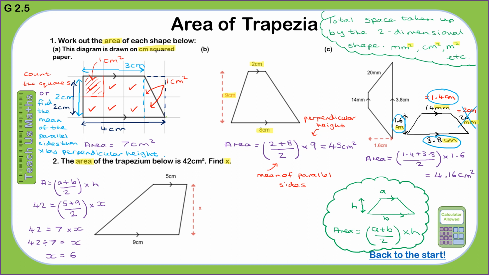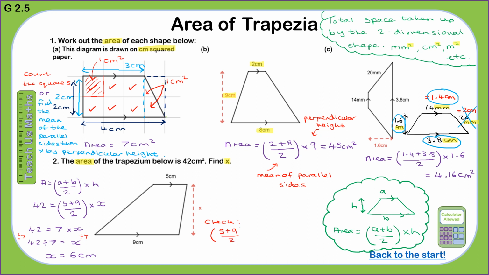So the final thing we need to do is just check that our answer is correct. So using the measurements that we have got and we've calculated, we need to work out the area of this trapezium and make sure it matches the area we are given in the question. So we've got (a plus b) over 2, that's 5 plus 9 over 2, multiplied by the perpendicular height, which we've just calculated to be 6.